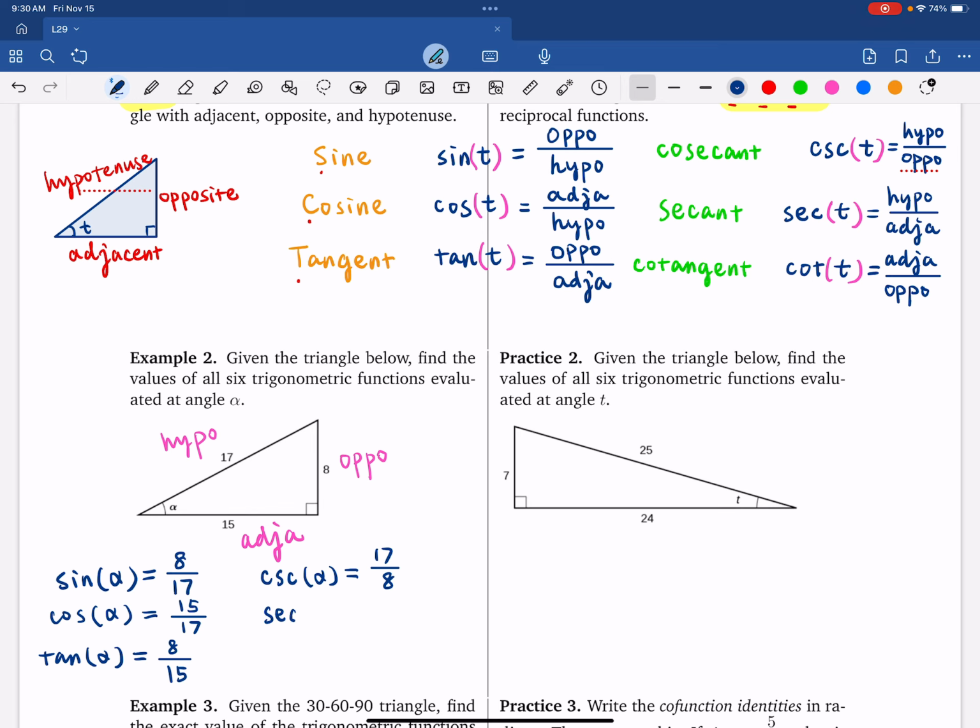So you're going to do sec of alpha. It's the reciprocal of cosine, so it will be 17 over 15. And finally, the reciprocal of tangent is cotangent, COT, of alpha. Since tangent is 8 over 15, cotangent will be 15 over 8.